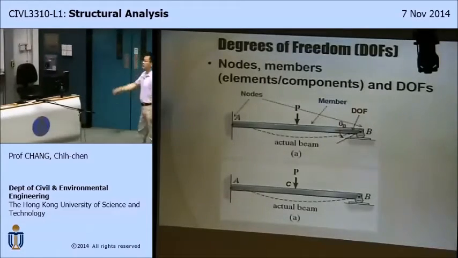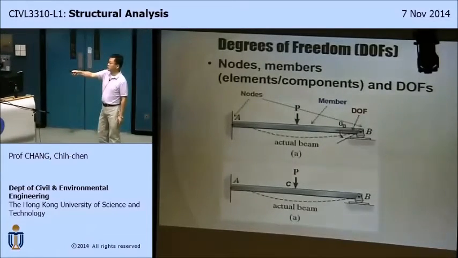There's no displacement, no rotation angle, so no degree of freedom there. Node B is simply supported, a roller support, so it cannot displace, but it can rotate. So the degree of freedom that you get from this point is rotation angle at B.